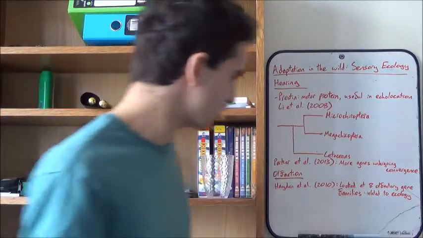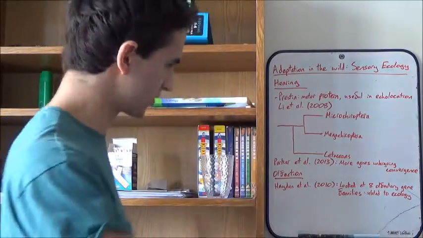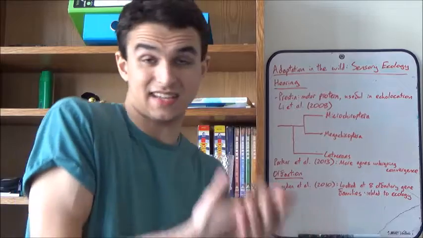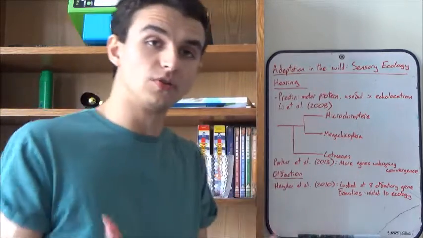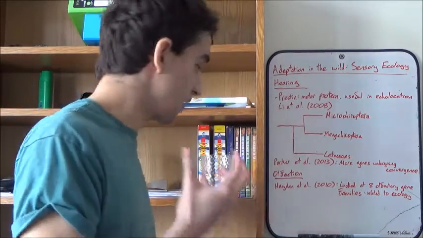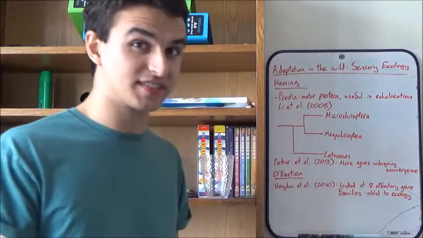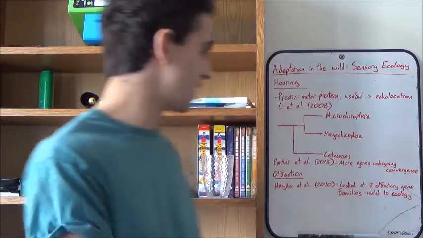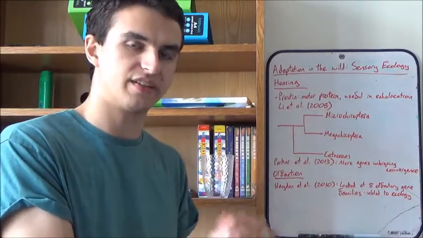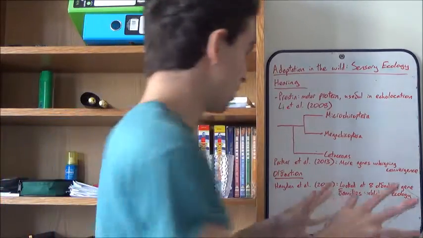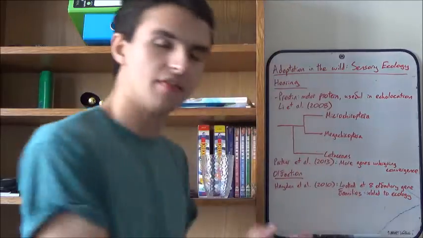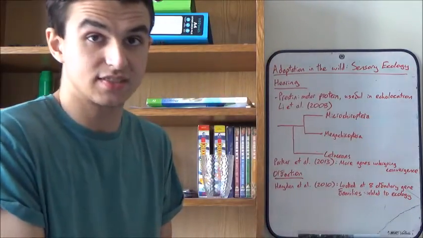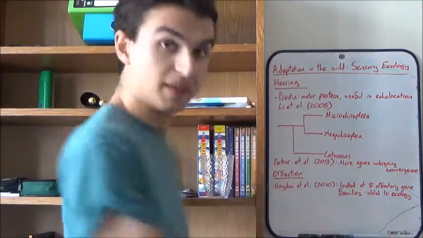Now, olfaction. Olfaction's a bit of a weird one. I talked about in the sensory ecology series that it's probably our oldest sense, and there are loads of genes associated with olfaction. Hayden et al. in 2010 looked at eight of these olfactory gene families and looked within mammals at the number of genes within each family, within each species.